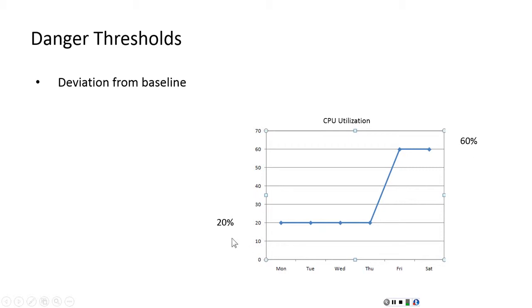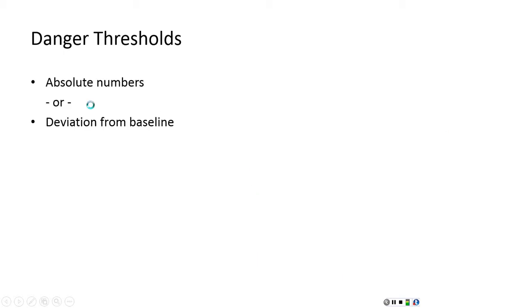But if we saw that this system had a baseline of 20% for the past 6 months, and then one day the CPU utilization tripled to 60%, well, that's a significant deviation from the baseline, and that indicates some sort of problem that we should investigate. Danger thresholds can be represented as absolute numbers or deviation from the baseline. And this concludes this section.